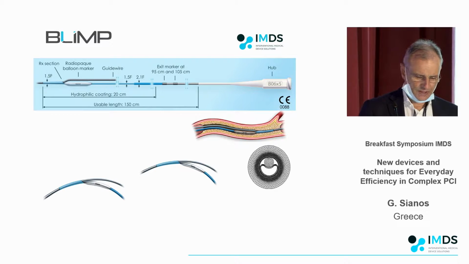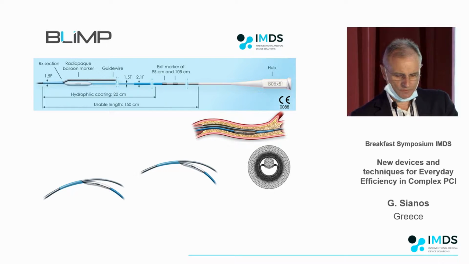The purpose of today is to present to you a very novel balloon and very novel technology, which is called the Blimp. This is a balloon that has several very nice characteristics. From this figure, and I'm going to tell you more about the specifications, you can appreciate that it is a balloon that combines CTO and scoring capacities.